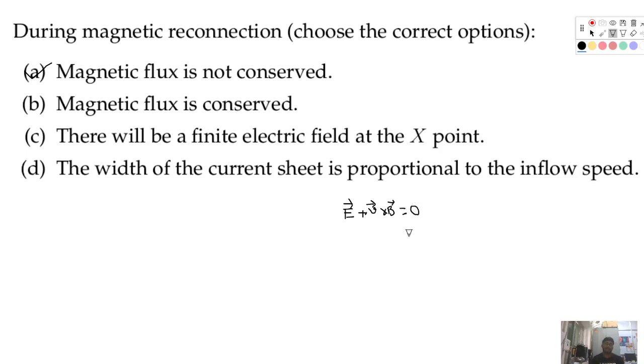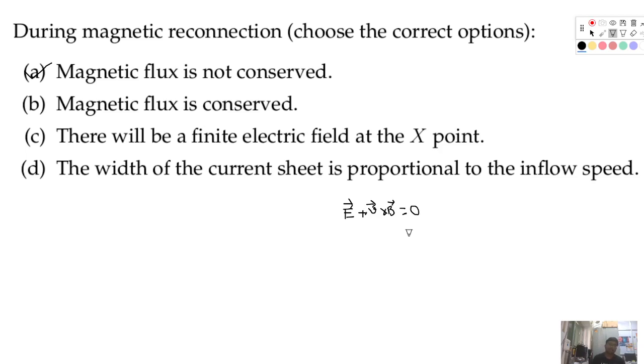So that means if you have an observer who is moving with the fluid, then you can think that there is no electric field which can be felt by that observer who is moving with the fluid itself, right?